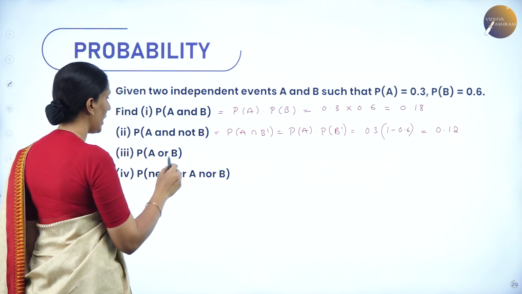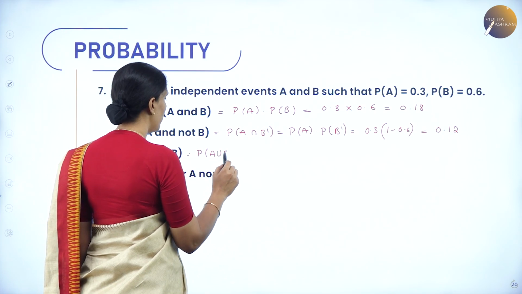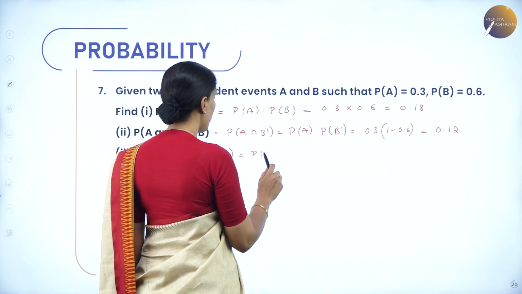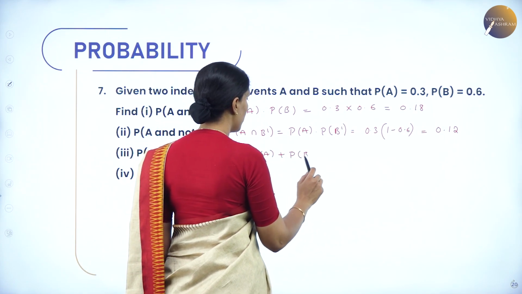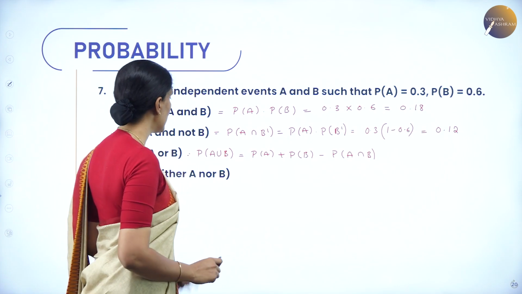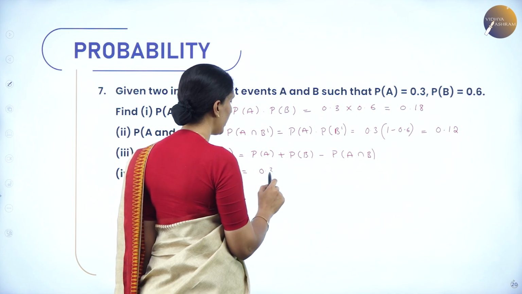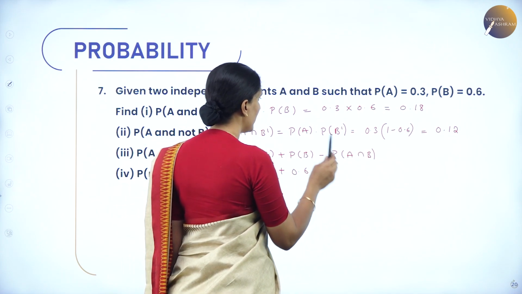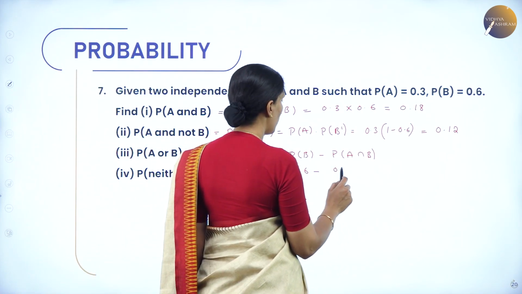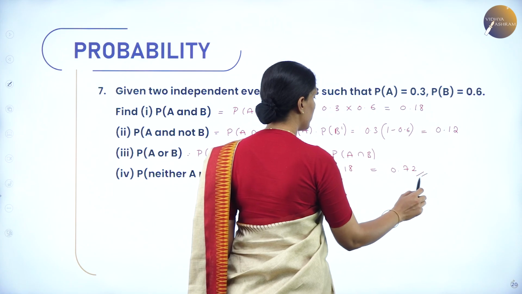Next, similarly, we have A or B, which is probability of A union B. Here I can write this as P of A plus P of B minus probability of A intersection B. Since they are independent events, substituting the values, we can write 0.3 plus 0.6 minus 0.18, which we have already found as the probability of A and B. So this is equal to 0.72.